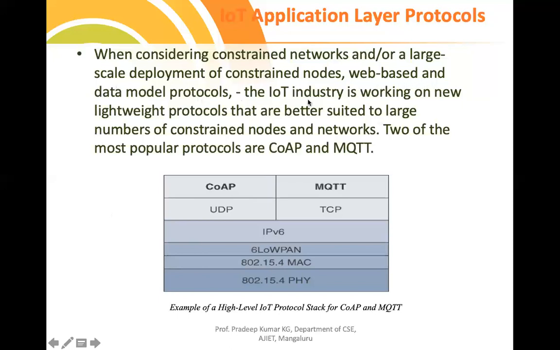But as part of the IoT industry, we should work on a lightweight protocol. Why do we need a lightweight protocol? So that it is easier to handle, easy to shift, easy to migrate. Based on these constraints, we are going with lightweight protocols so that they are best suited to the large number of constrained nodes and networks.